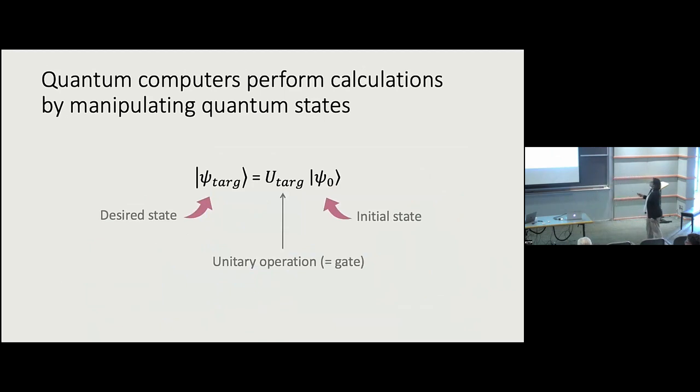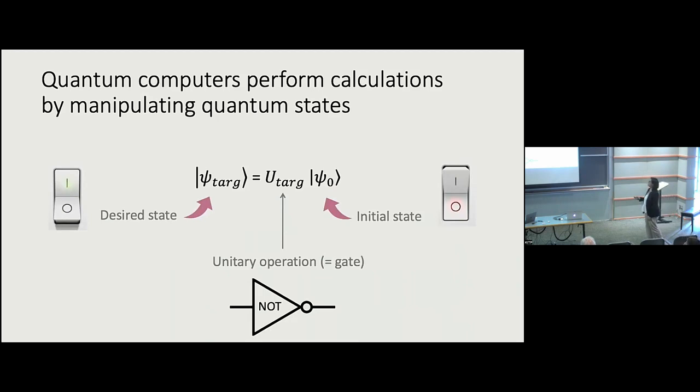Now, as you all know, quantum computers perform calculations by manipulating quantum states, and obviously the qubit is the quantum analog of the digital bit, and quantum gates, which are unitary operations, are the quantum analog of Boolean logic.